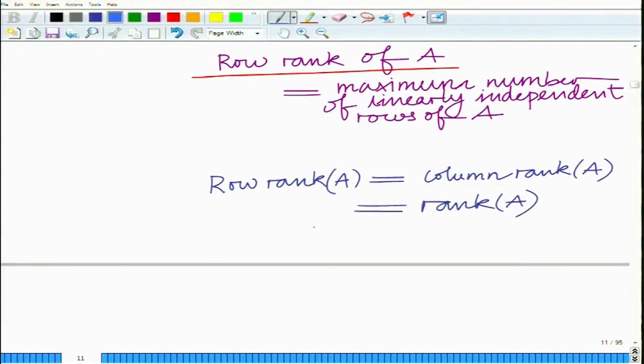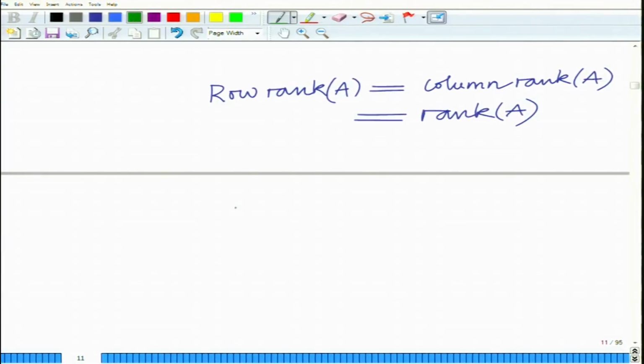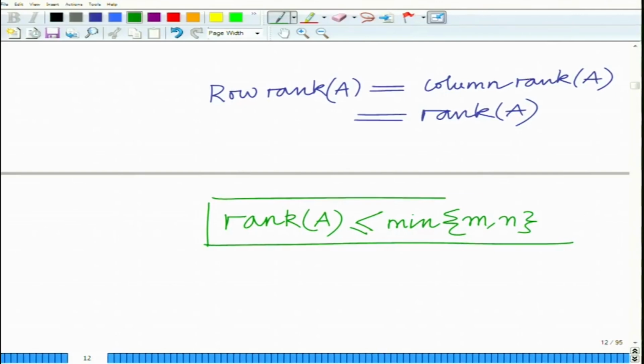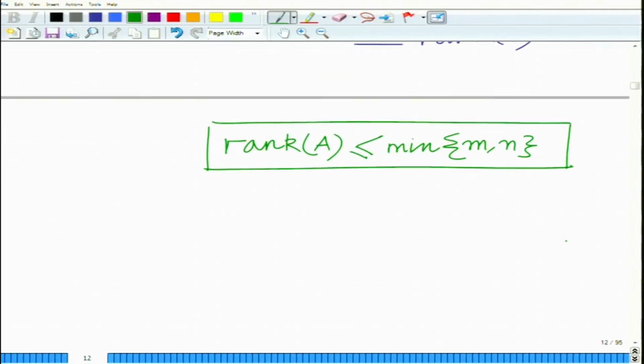And in addition, this also satisfies the property that the rank of the matrix A is less than or equal to the minimum of the number of columns comma rows of A. So, the rank of A is less than or equal to the minimum of m comma n, where m, remember, is the number of rows and n equals the number of columns.